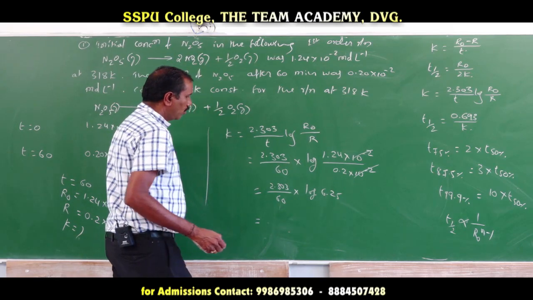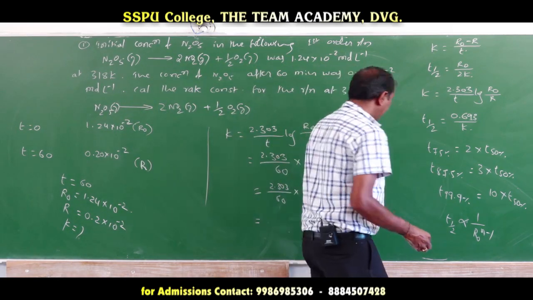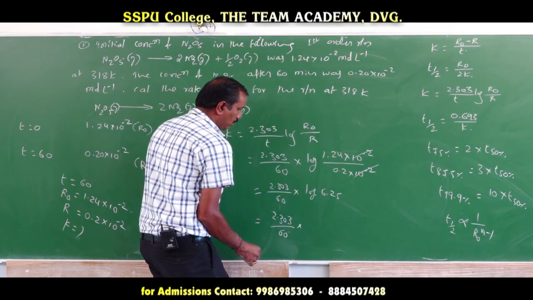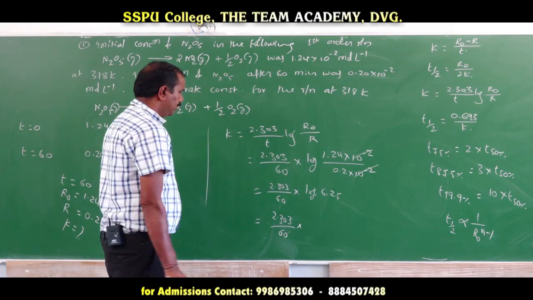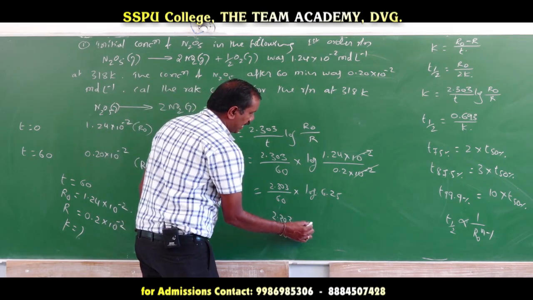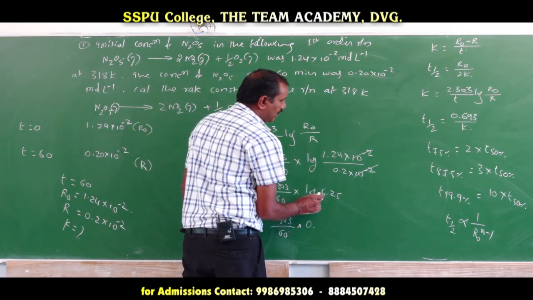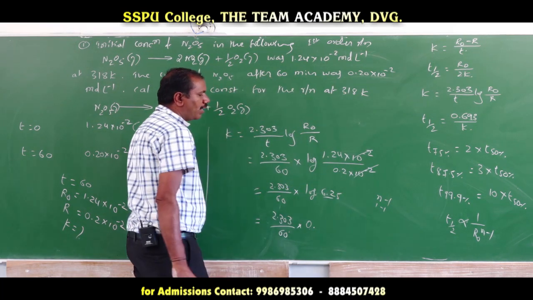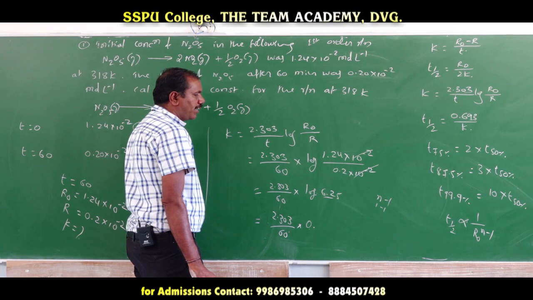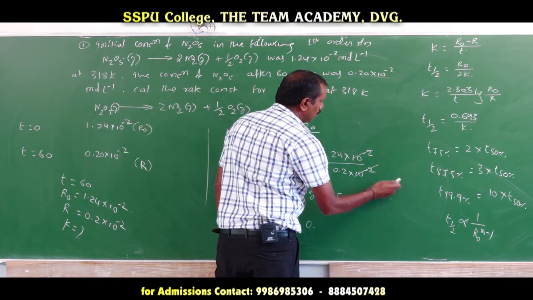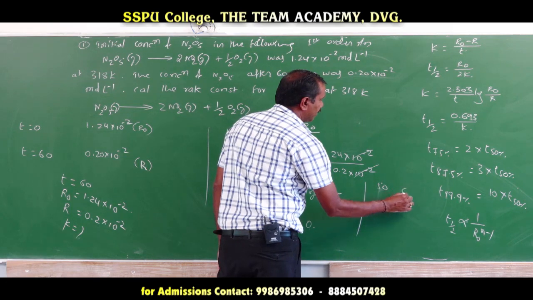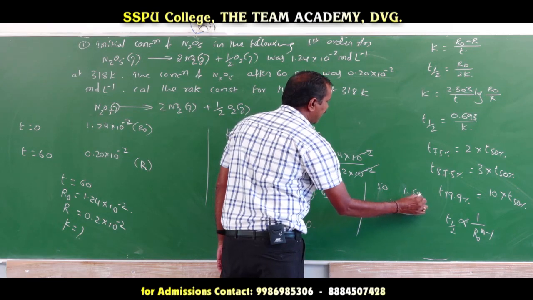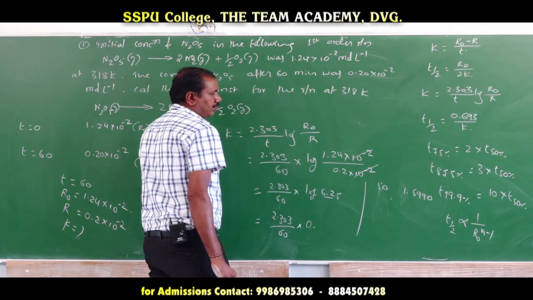Okay. So 2.303 by 60 into log 6.25. Log 6.25, the characteristic should be 0, because before the decimal point there is 1 digit, and 1 minus 1 is 0. How to see the log for 625? Log 50 is characteristic 1, mantissa 6990.